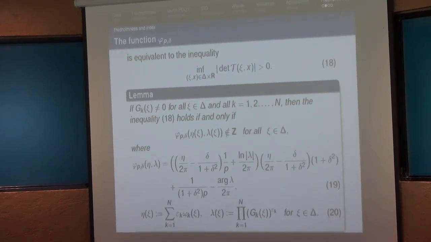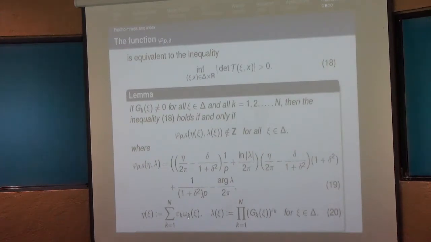And we have the following lemma. If g k of xi for all xi are non-zero, and for all k, then this equality holds if and only if this condition is fulfilled. So we need to take this function dependent on two parameters, eta and lambda.